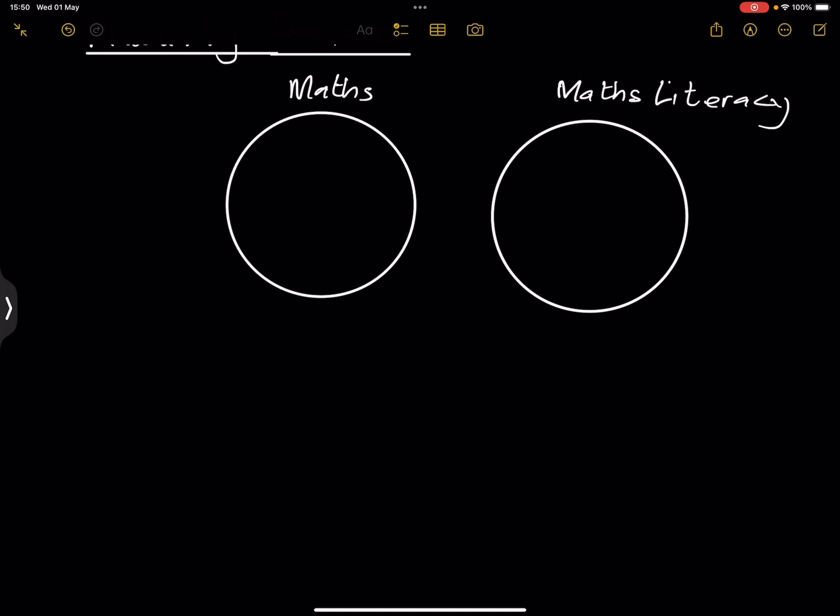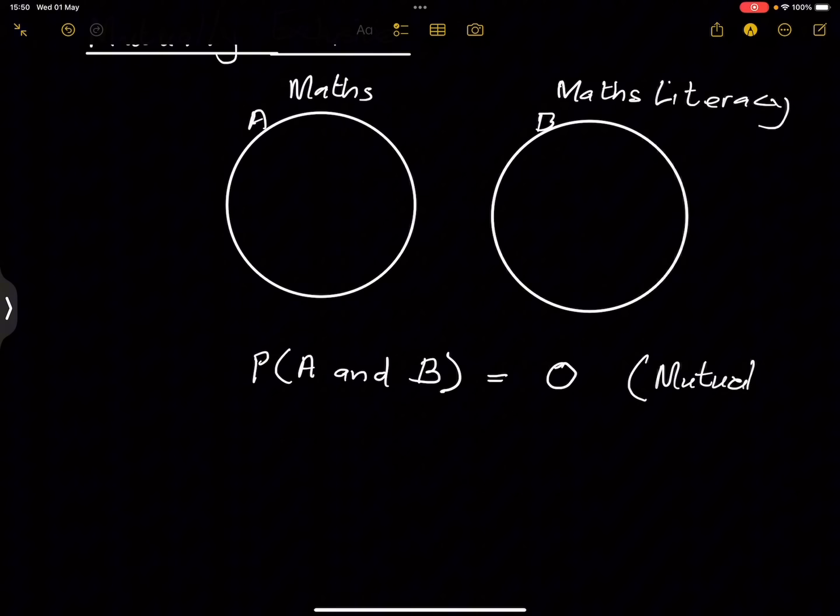Therefore the probability of A and B would be equal to 0. So keep this in mind. If the probability of A and B is equal to 0, then I know that these two events are said to be mutually exclusive. It means they do not intersect in any way, right? So they are mutually exclusive.